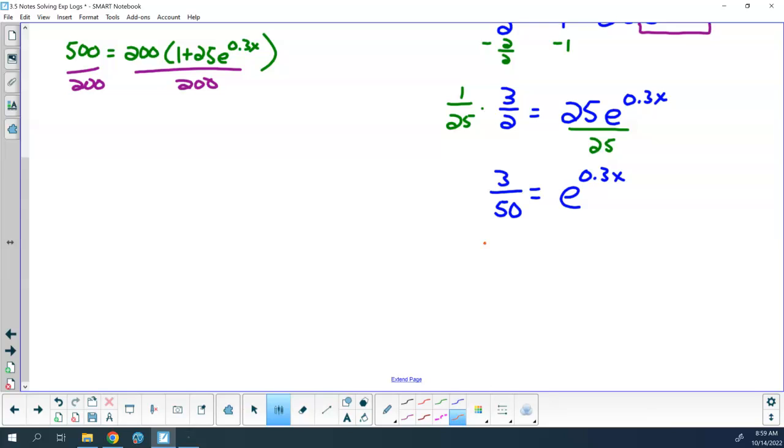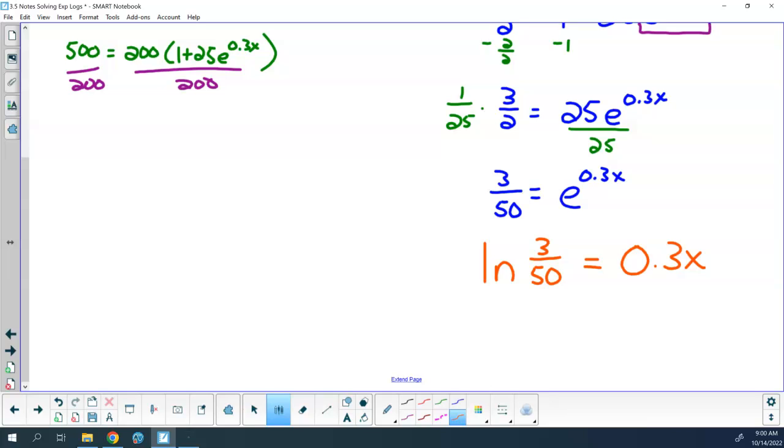So I've got the natural log of 3 over 50 equals 0.3 x. Now here is where you should go to the calculator, because I don't have a nice number I can put as an exponent on e to get me 3 over 50.